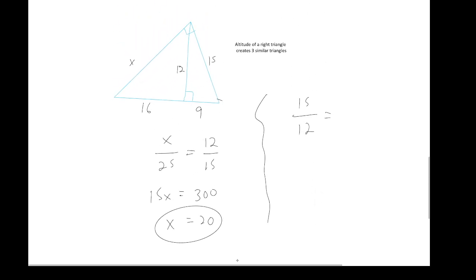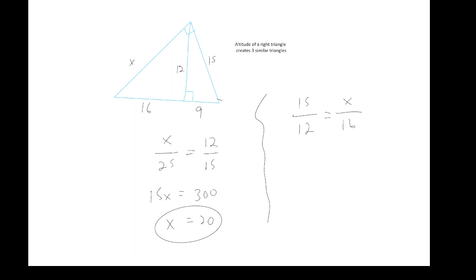Okay. So this guy right here, that small triangle, 15 to 12. If I were to go the hypotenuse, which would be x, to the long leg of this other one, which would be 16, then we're going to effectively get the same thing when you do your cross products.